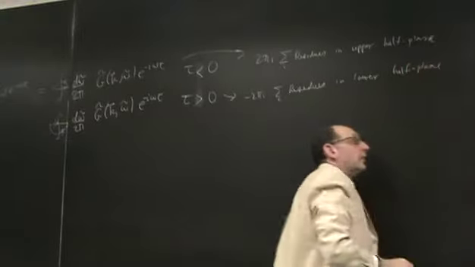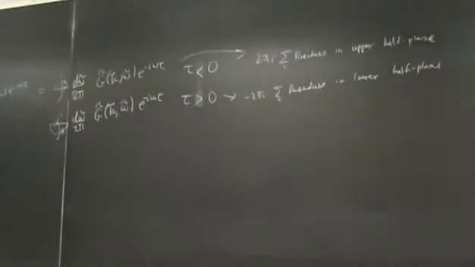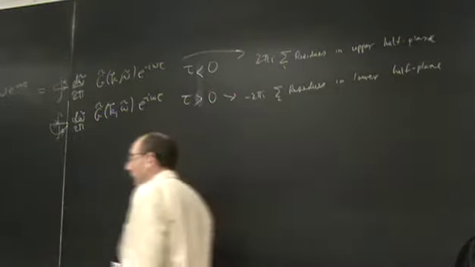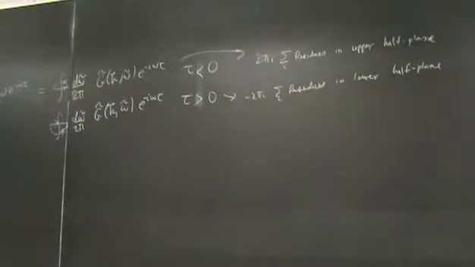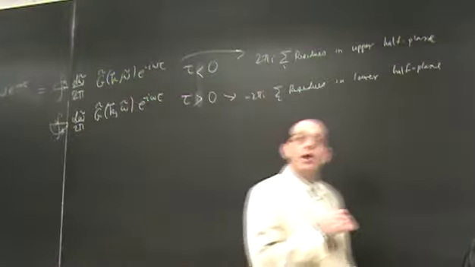And the residues are related to the poles. So what we discussed when we were talking about linear response theory is that a causal response will have its poles in the lower half of the complex omega plane.